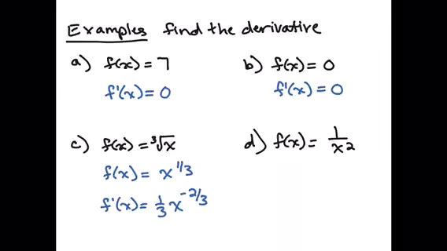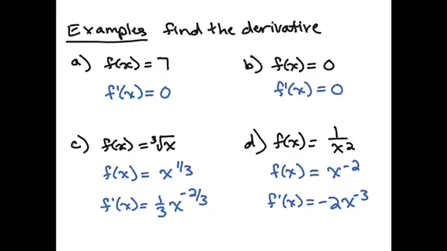For D, we have f of x equals 1 over x squared. Again, I need to see the power if I'm going to take the derivative, so I'm going to rewrite this as x to the negative 2. And then I can take the derivative, a negative 2 comes out front, and I get x to the negative 3.